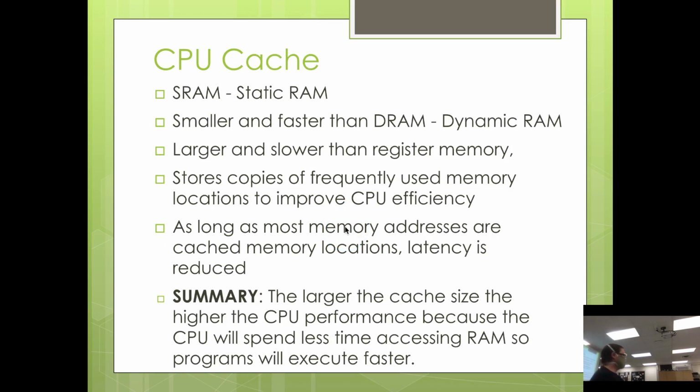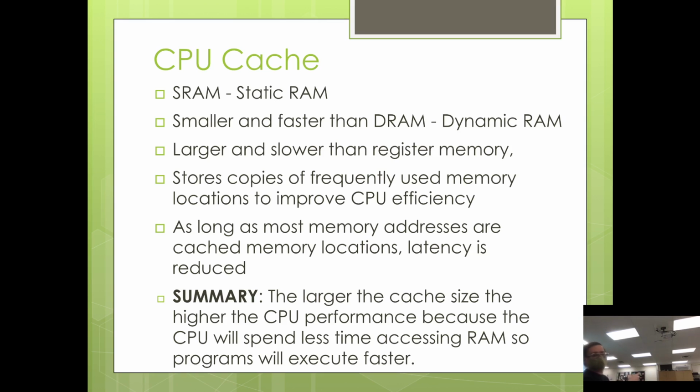All right, here's another way that we make our computers even faster still. RAM DIMMs are certainly pretty fast these days, certainly faster than hard drives and even SSDs. However, by putting memory right on the processor, that can be accessed even faster.